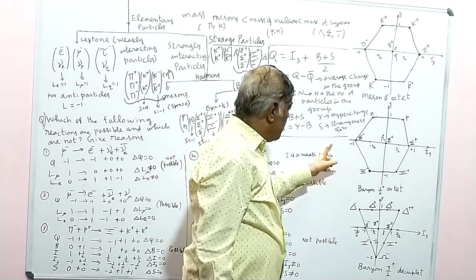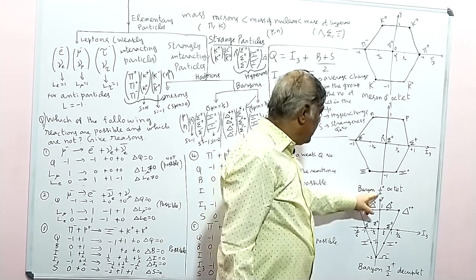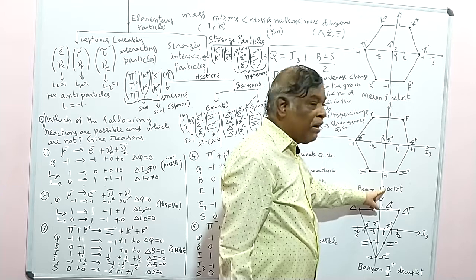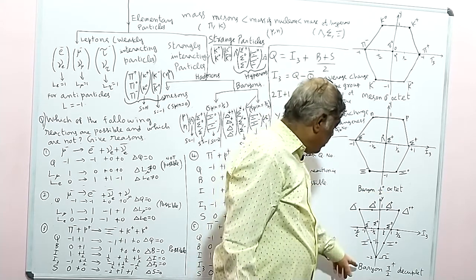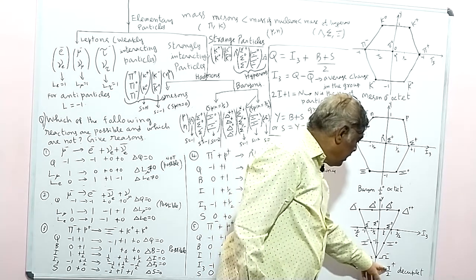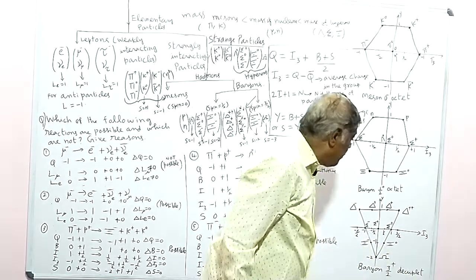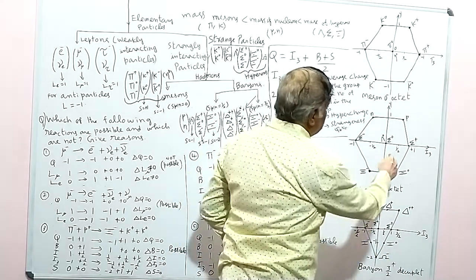Similarly, the baryon particles are grouped into two. One has spin angular momentum 1/2 and parity plus, which is called an octet, and another is baryons with spin angular momentum 3/2 and parity plus, which is called a decuplet. In the octet you have 8 points.